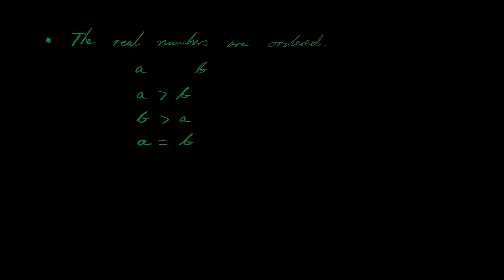So a subset of the real numbers can be represented graphically on a number line, or using set notation, or using interval notation. So a subset of, and I should say consecutive.